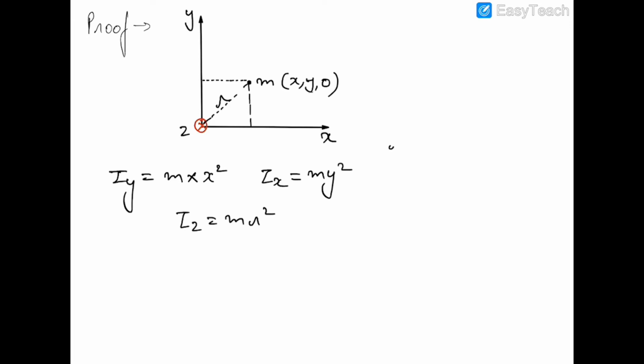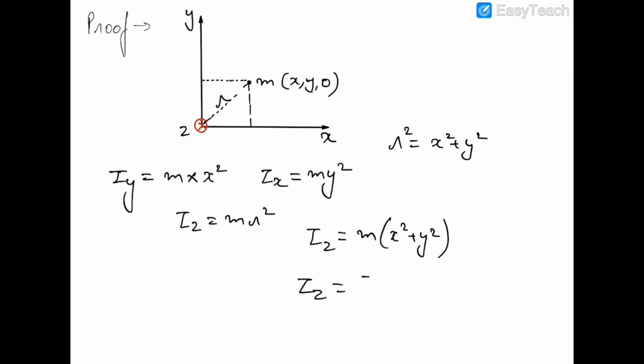We also know that r squared is equal to x squared plus y squared. Therefore Iz is equal to m(x squared plus y squared). Now mx squared is equal to Iy and my squared is equal to Ix. So Iz is equal to Ix plus Iy.